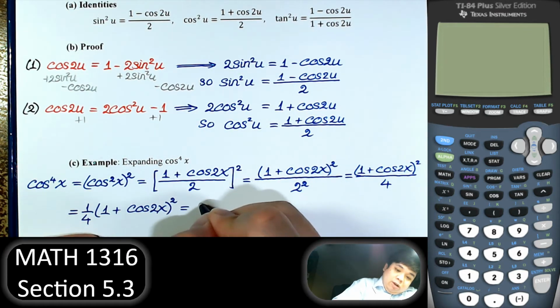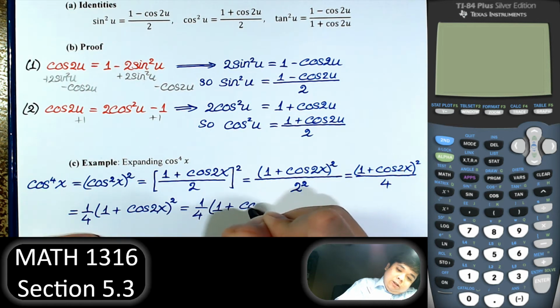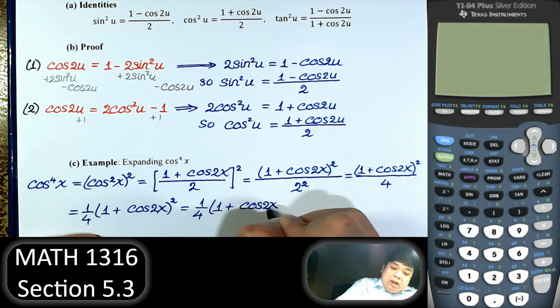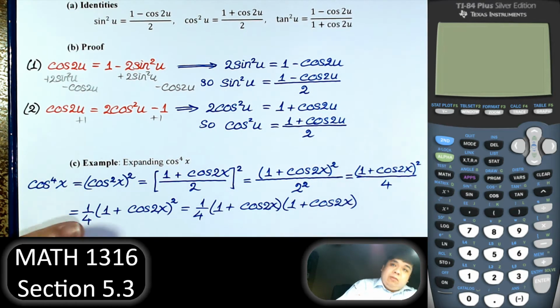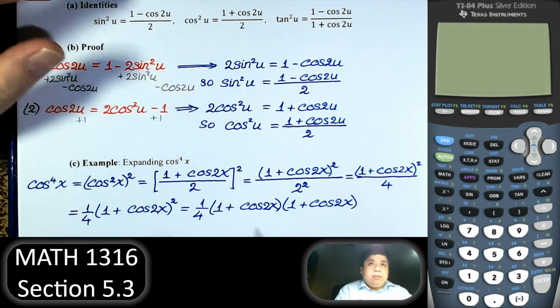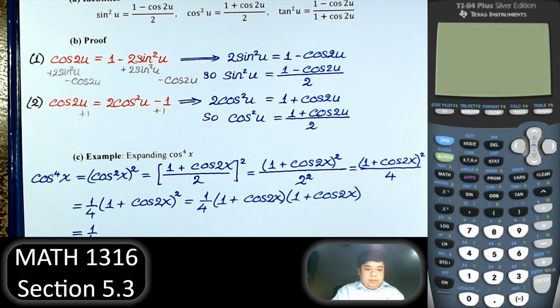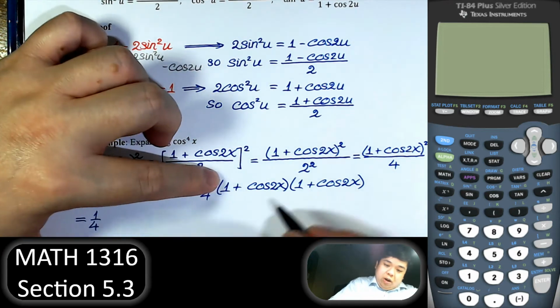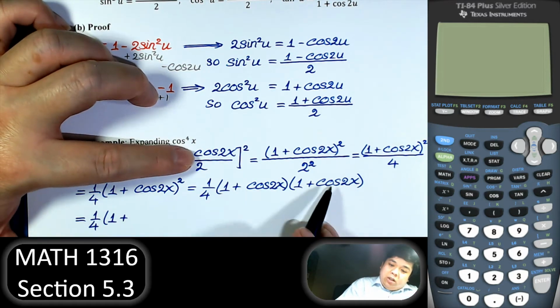Now I will multiply them out. A square meaning multiply by itself. Right. Just multiply it out. 1/4. 1 times 1 plus 1 times cosine 2x.